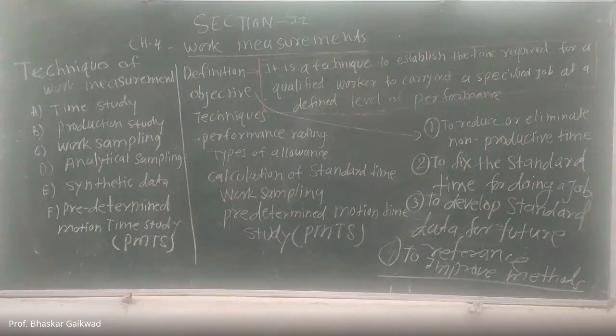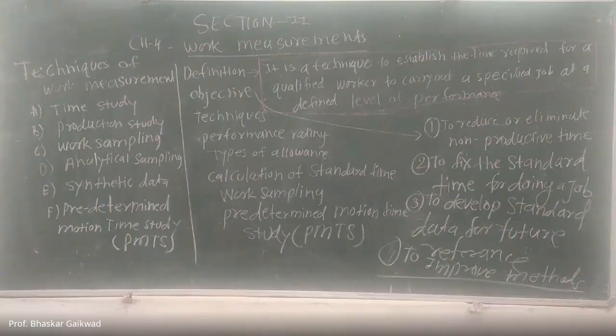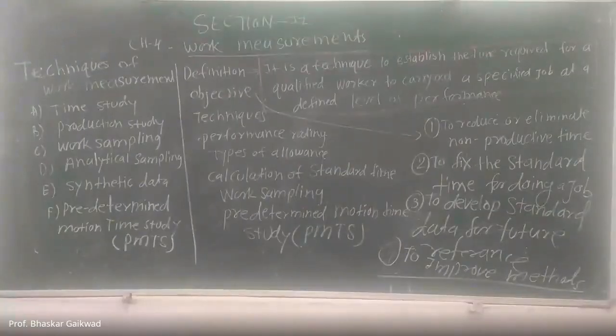Okay. So next point, what are the objectives of work measurement? In the last lectures, we went through these four objectives. First, to reduce or eliminate non-productive time. If we assign a particular time to particular workers to complete that work, within that time the worker needs to complete that job.